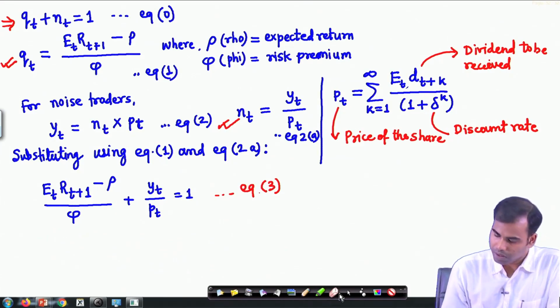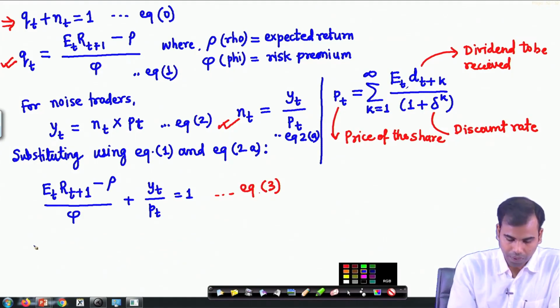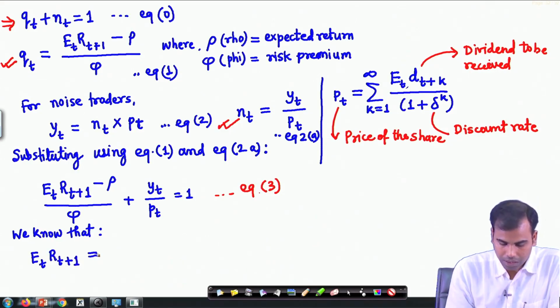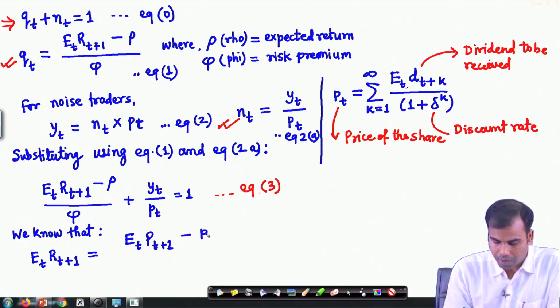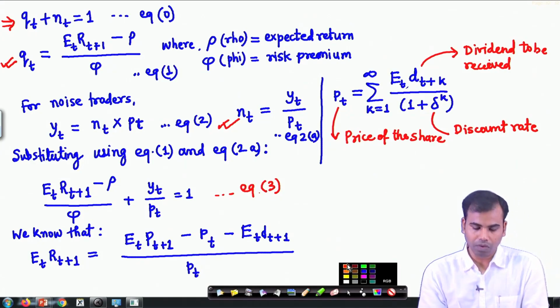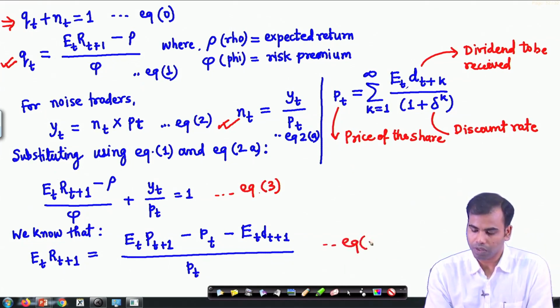We know the return of any asset, that is the expectation of return at time t plus 1, is the return on capital appreciation, which is basically the difference in price, and the dividend expectation divided by the price at which we have purchased.